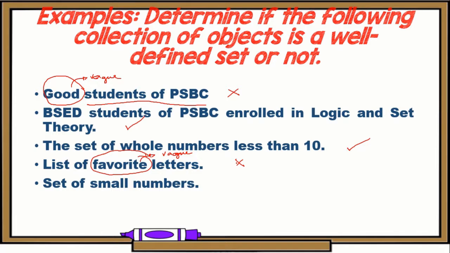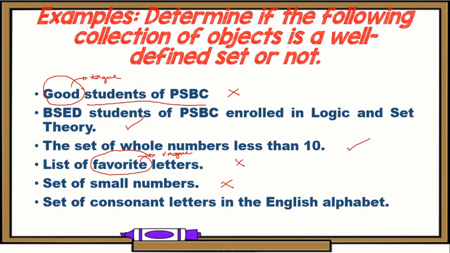How small should a number be for it to be considered small and become a member of this set? Ang hirap, di ba? Kasi hindi natin alam. Therefore, this is not a well-defined set. And finally, we have the set of consonant letters in the English alphabet. Do we have all the characteristics in order for us to determine the elements of the set? Yes. Then this is a well-defined set.